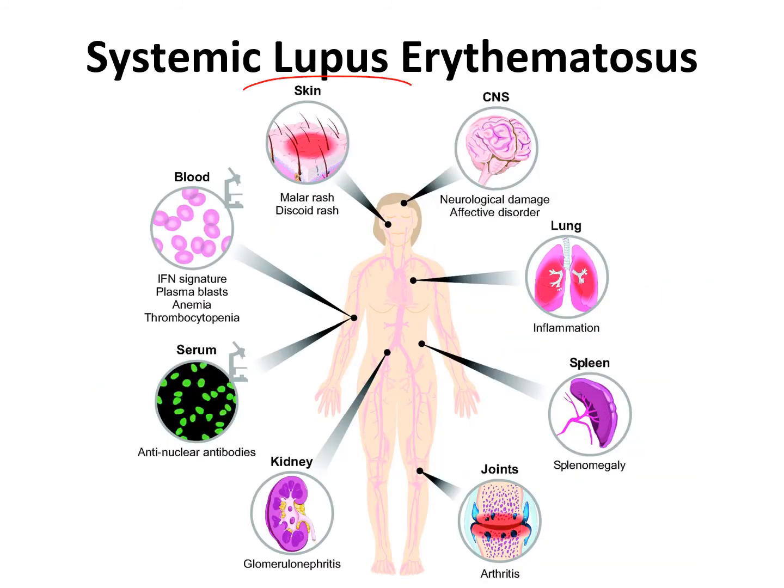Lupus is an example of an autoimmune disorder, and in individuals who have lupus, they are producing antibodies against nuclear proteins. Those antibodies circulate throughout the circulatory system, and they bind to various nuclear proteins, forming those complexes, which can get caught in the skin, causing rashes.